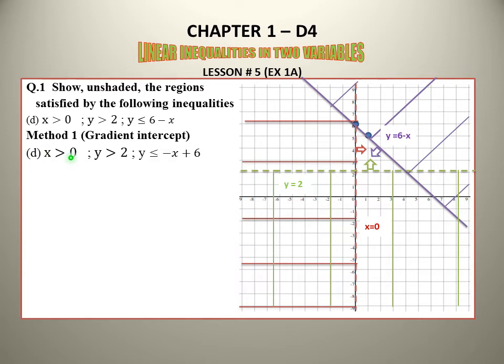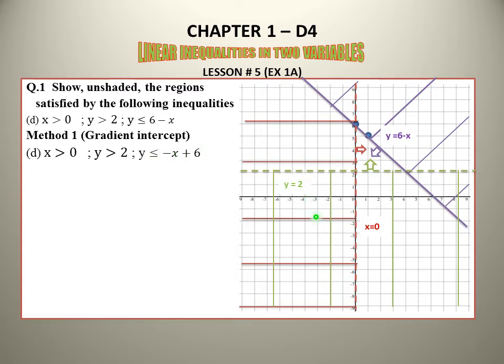Yes, it is true. And y greater than 2: the y coordinate of this point is 3, so 3 is greater than 2. Yes, it is true. And when I put x is equal to 2 and y is equal to 3, 3 is less than minus 2 plus 6, which is 4. So 3 is less than 4, which is again true.